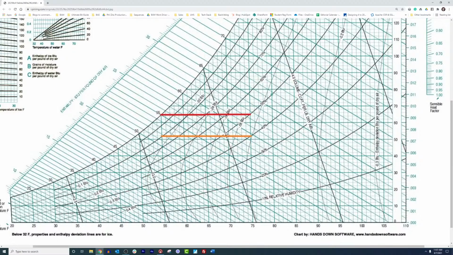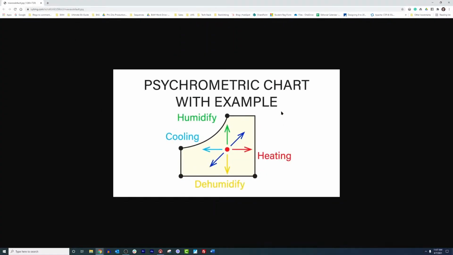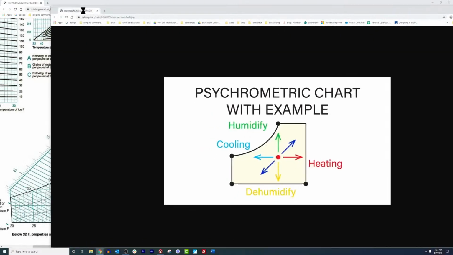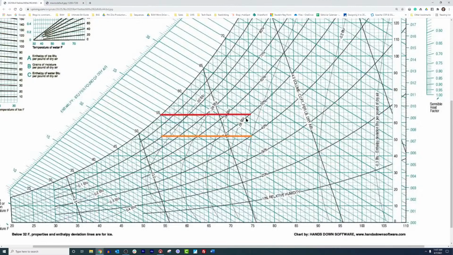And as we go and think about, let me see if I can bring this up for you. As we look at a psychrometric chart, remember I said cooling, we are going to be going across the psychrometric chart. So let me just kind of show you. Cooling, we're going to go across, we're lowering dry bulb, and that effect of lowering dry bulb is going to bring us closer to dew point.